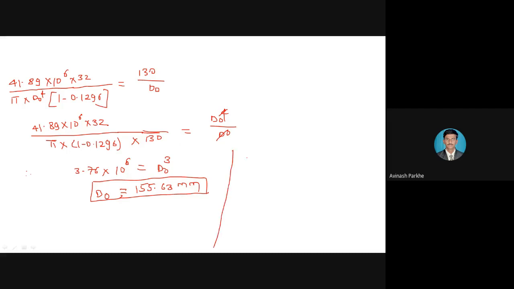Now DO is calculated, and for the internal diameter calculation we have the relation DI is equal to 0.6 into DO. So DI is 0.6 into 155.63. You will get the internal diameter as 93.37 mm.